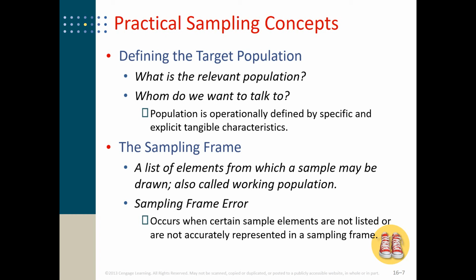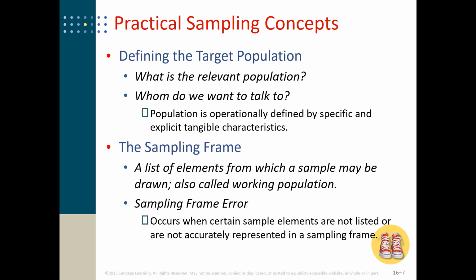Now, we need to understand one thing, that from the target population, when we go for a sampling frame, that means a more specific definition of our population, we actually incur an error that we call sampling frame error. What does it mean? A sampling frame error is when we go for a sampling frame, we automatically exclude some elements because those are not listed in that sampling frame.